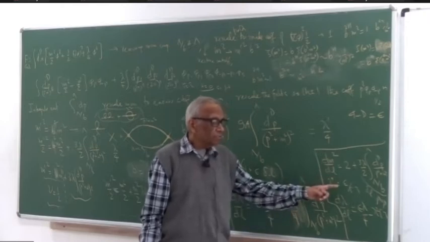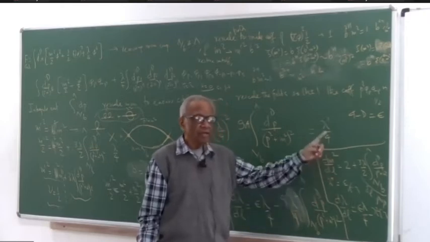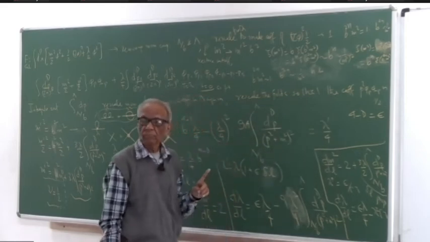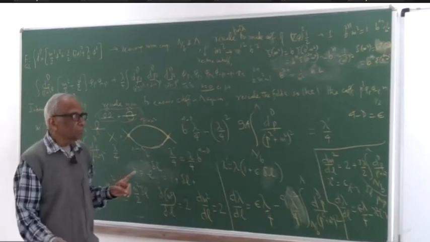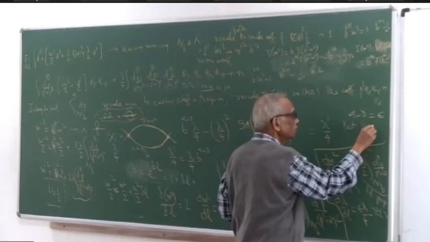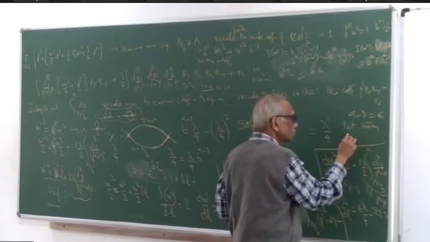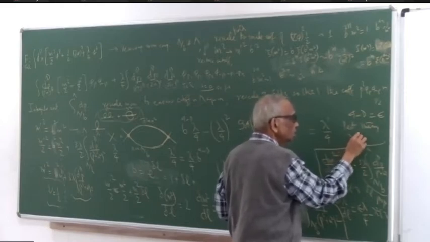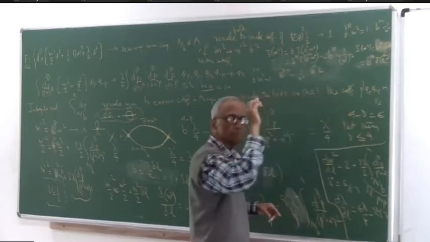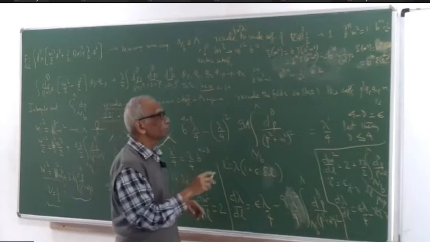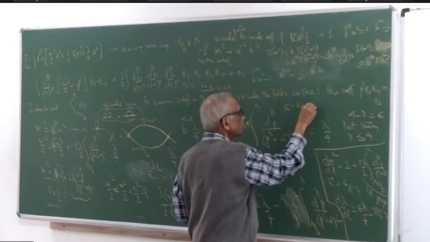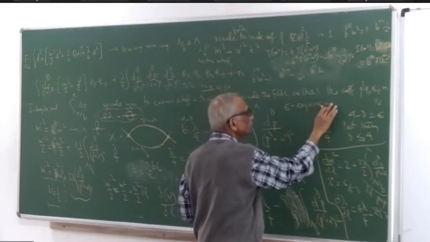I can set up a perturbation theory if epsilon is small. So perturbation theory is possible for d less than but close to 4. That is why the perturbation theory in this context came to be known as an epsilon expansion.